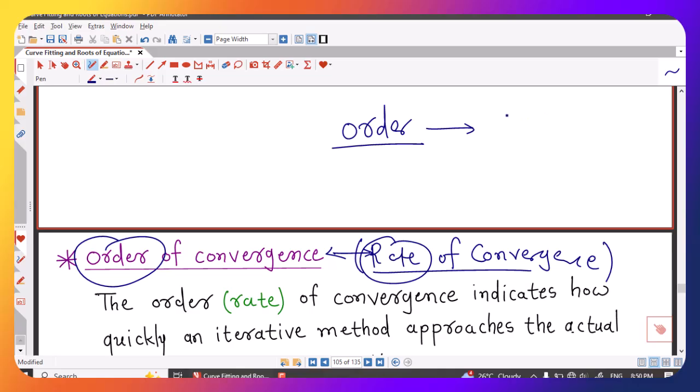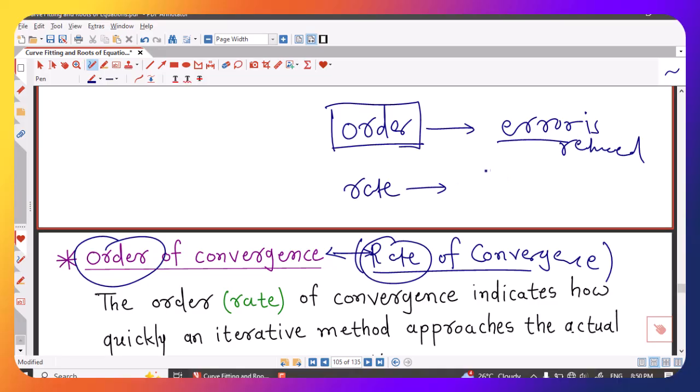If we are talking about order of convergence, then some authors consider that order of convergence is nothing but the measure of how rapidly the error is reduced. So it is concerned with the reduction in the error, and rate of convergence, according to some authors, is related to speed of convergence.